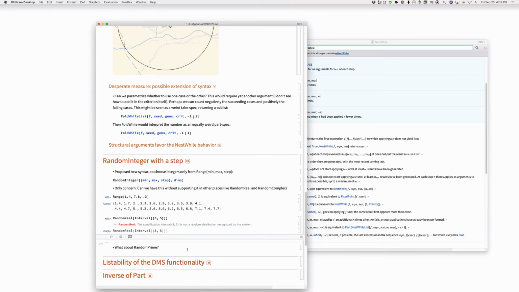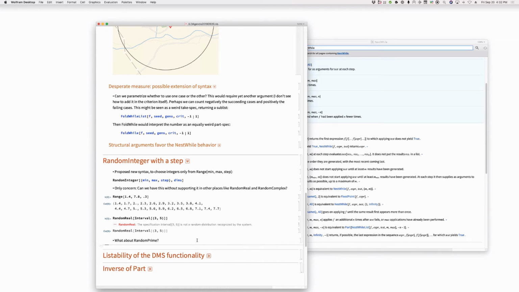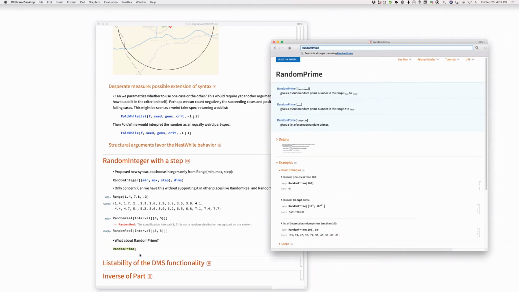Okay, random prime. That's an interesting one, because one could indeed want primes of the form 3n plus 1 or something. Like, do we have any control? N primes.